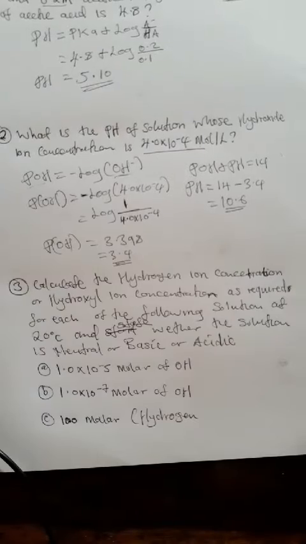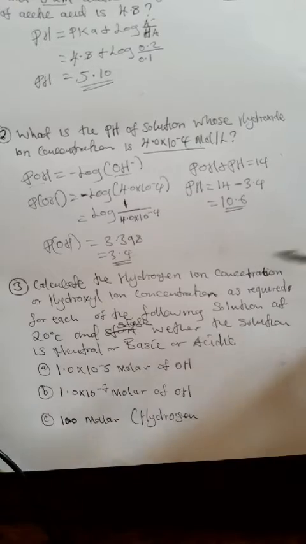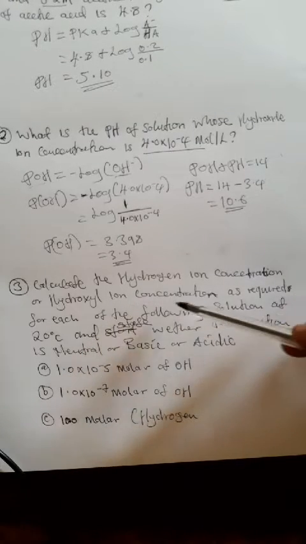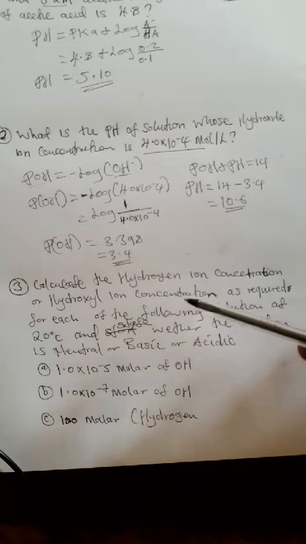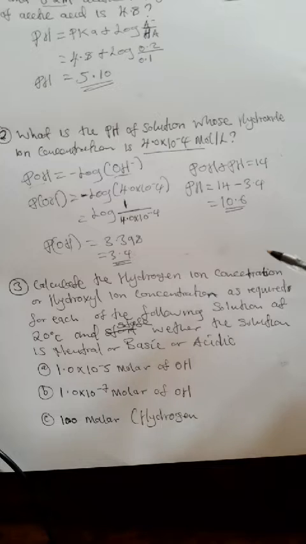Let us consider question 3, which is saying: calculate the hydrogen ion concentration or hydroxide ion concentration as required for each of the following solutions at 20 degrees Celsius and state whether the solution is neutral, basic, or acidic.